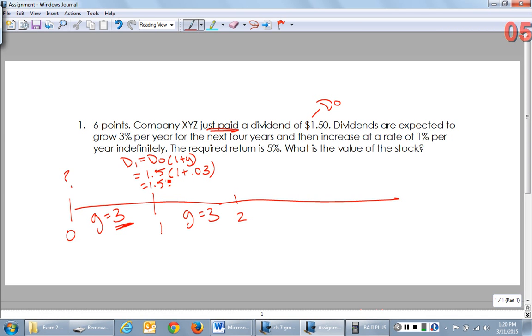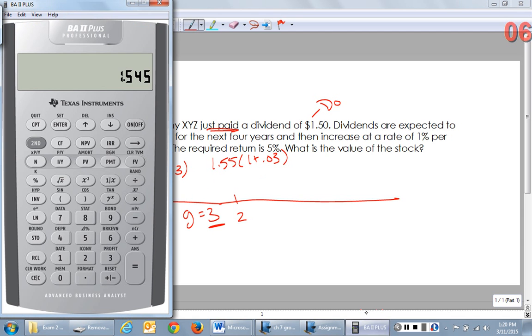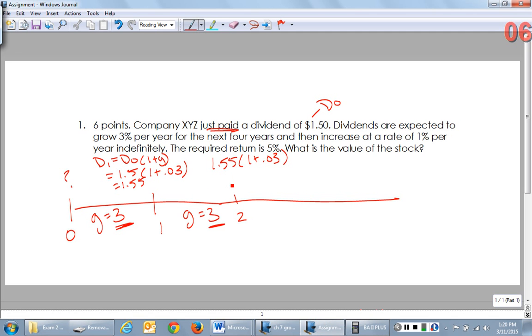From time period 2 to time period 3, it's going to grow at 3%. So we have our last dividend paid times 1 plus the growth rate of 3%, to give us 1.59.